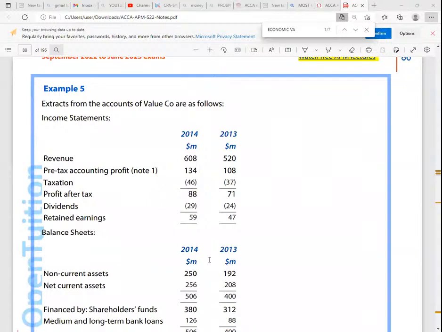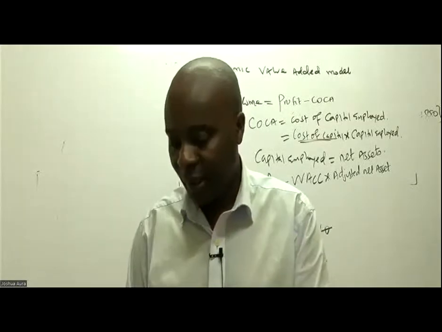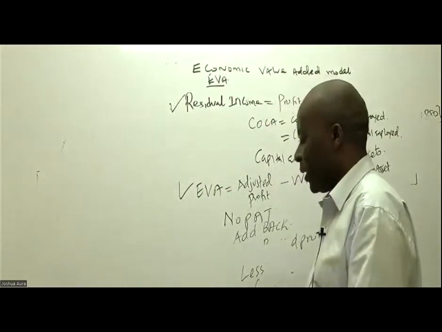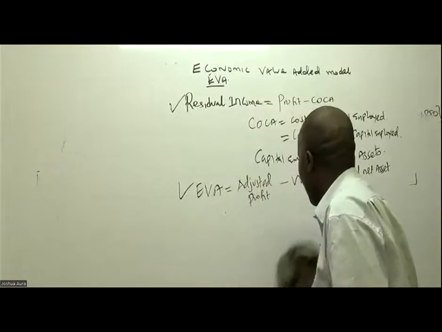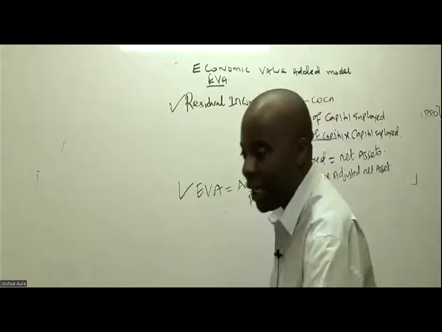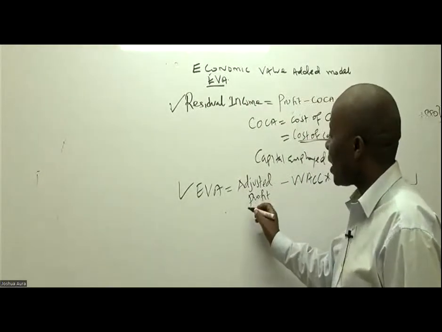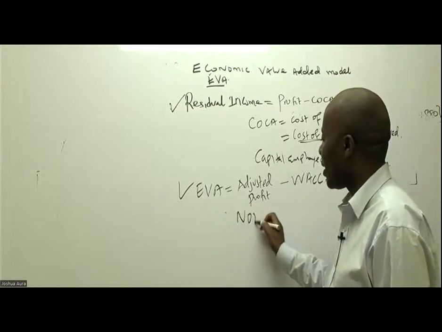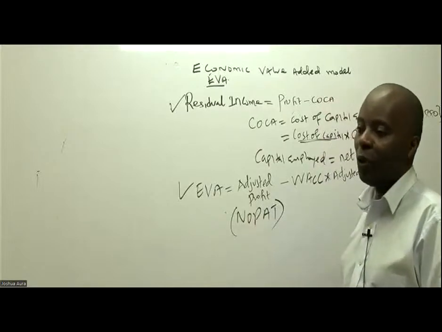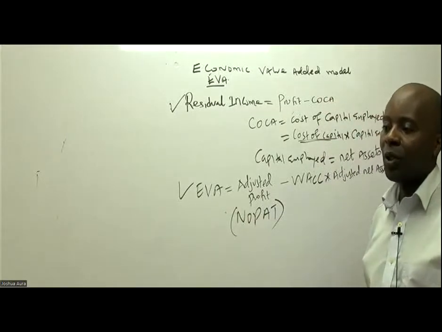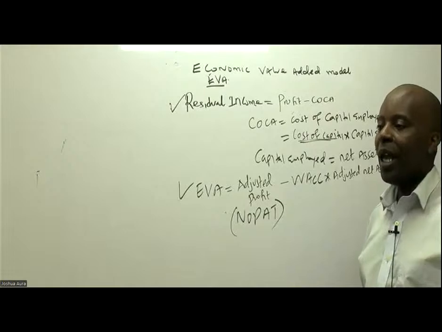I want to send you this book right now, and as I do that, I expect you to remember that our EVA here is based on adjusted profit. This adjusted profit is what we call NOPAT, net operating profit after tax.